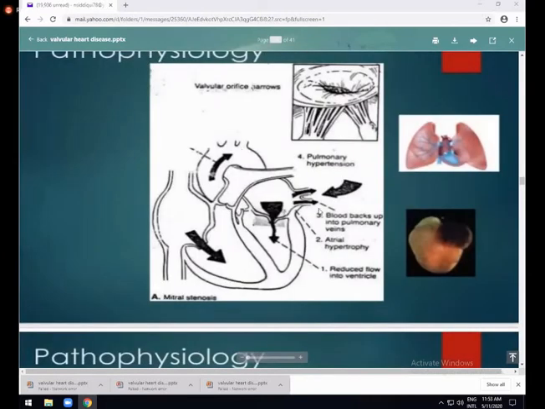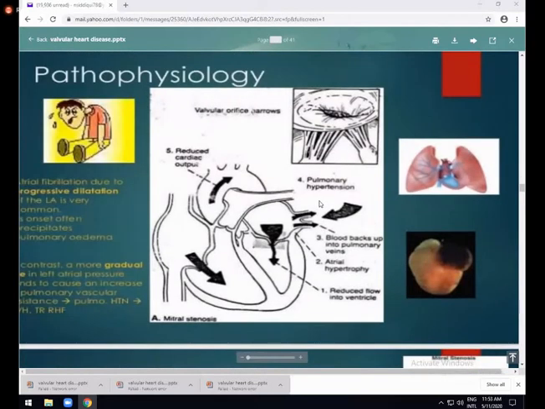And when there is chronic MS, the right side chambers also become enlarged, and it leads to pulmonary hypertension. You can see pulmonary hypertension is the final sequela of mitral stenosis.